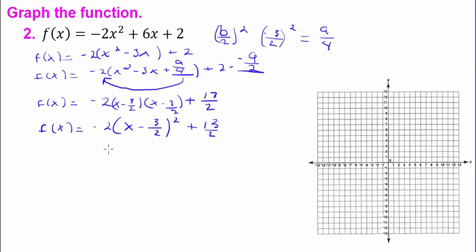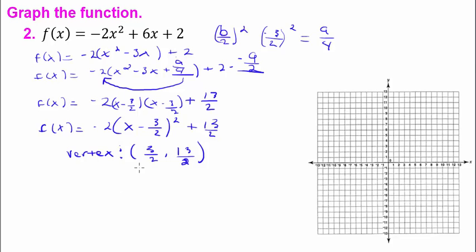So the first thing I want to do is identify what the vertex actually is. So the vertex is 3 halves, comma, 13 halves. Now, for graphing purposes, it's a lot easier to convert this over into the decimal equivalent.